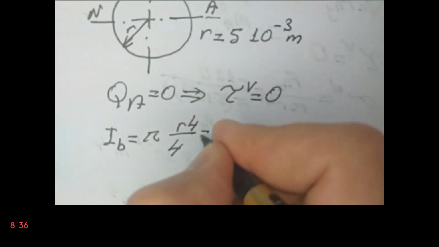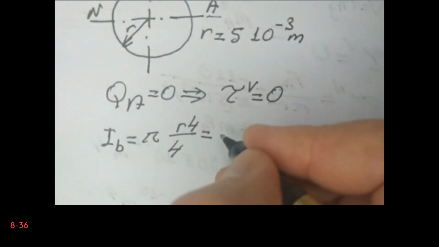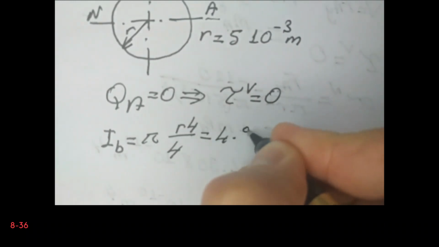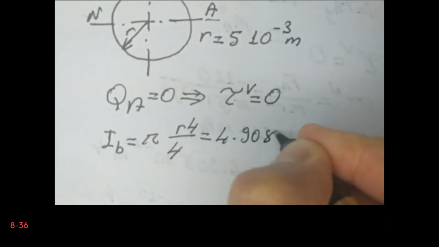The value that we have is 908 times 10 to the power minus 10 meter to the power 4.